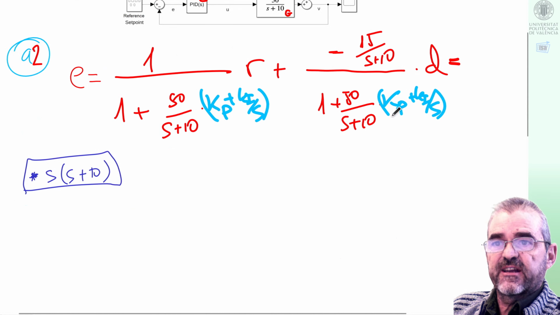And then applying again final value theorem.